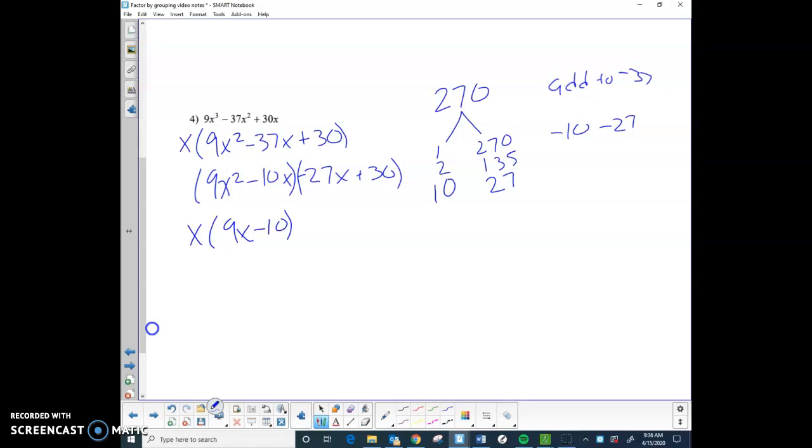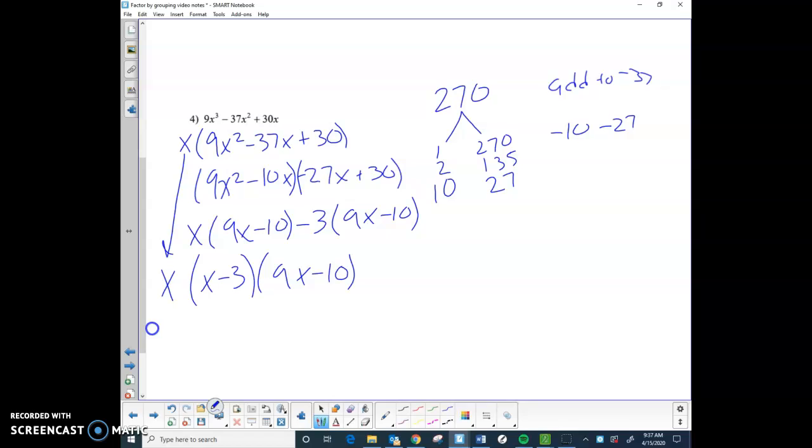The second part I can take out a 3, sorry, not 9. So we get a minus 3, and I'm left with a 9x minus 10. We still have this x from down in front here. So we are going to have an x minus 3 and a 9x minus 10.